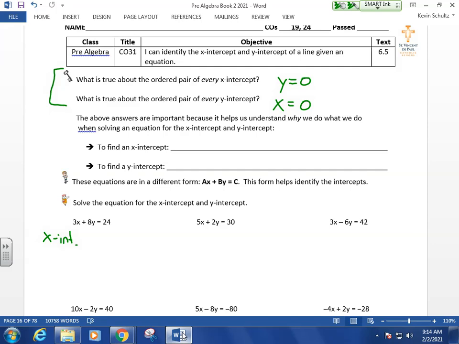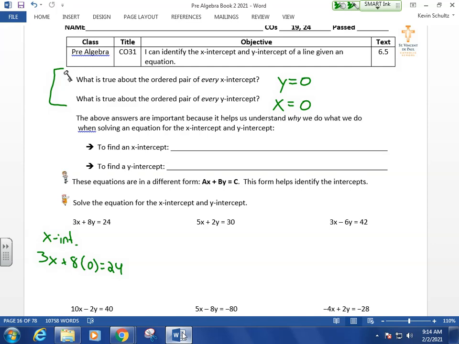It means that we are going to rewrite the equation, but instead of y, what am I going to input instead? Aiden? 0. Right? Because what I'm looking for here is the value for x. Where is this going to cross the x-axis when y equals 0? So the equation gets rewritten with 0 plugged in for y.